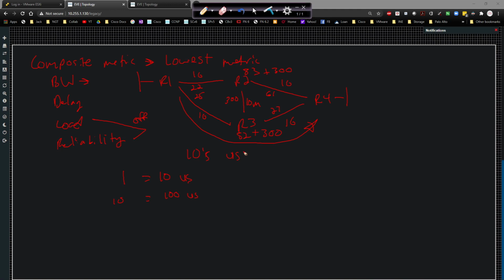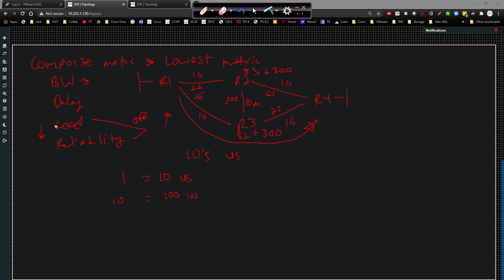Now, when we talk about this in terms of load and reliability, we have to take into consideration that load is going to be utilization. Okay, utilization goes up, load is going up. Reliability is going to be how trustworthy is that link. So if it flaps a lot or causes us problems, it's going to have a lower reliability. Both of these are scaled in increments of 1 through 255.